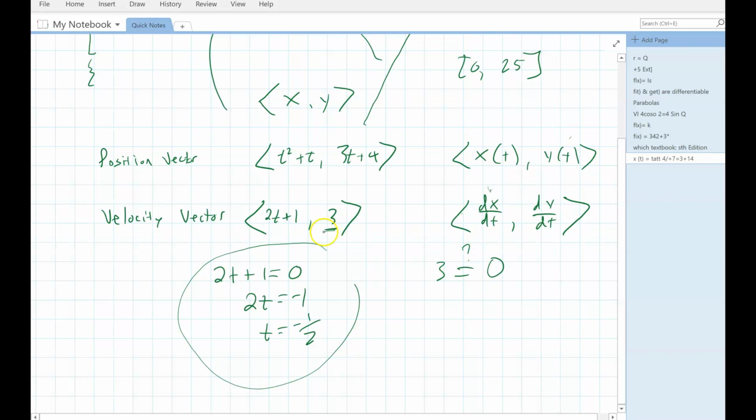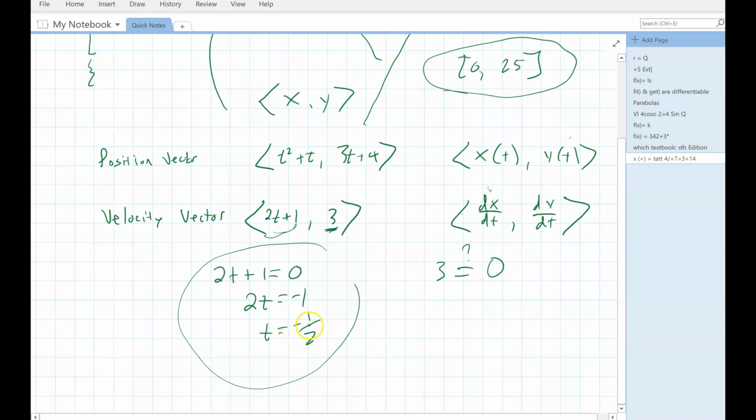So this particle is always moving in the vertical direction. In this case, the particle is never stationary. It's moving all the time, because there's no way to make this equal to 0, and the only time this is equal to 0 is outside of the domain.